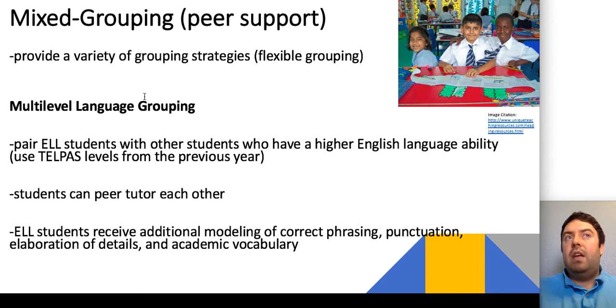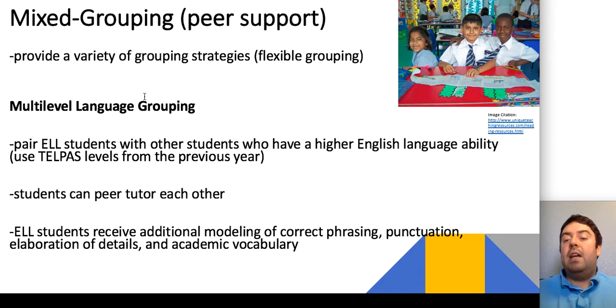So especially with English language learners, you want to pair them with someone who's at a higher level of English language proficiency. So if a student is a beginner English language learner, you want to make sure that their partner is ideally maybe an advanced or advanced high or even a native English speaker. This way, those people can model for that beginner English language learner correct English grammar, phrasing, and punctuation. So that's one benefit of having a multi-level language grouping.